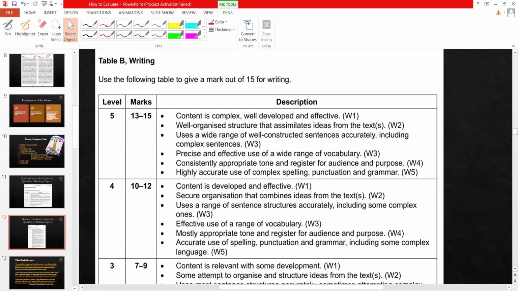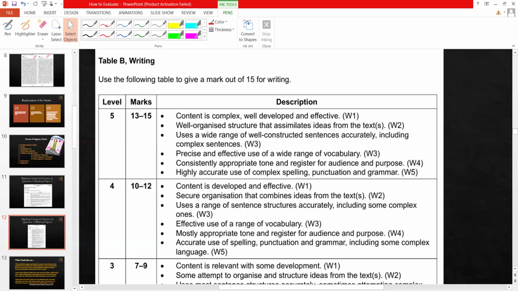Well organized structure that assimilates ideas from the text, uses a wide range of well constructed sentences accurately, including complex sentences. I had uploaded one of the videos on the types of sentences. You may get the idea from there of what complex sentences are.